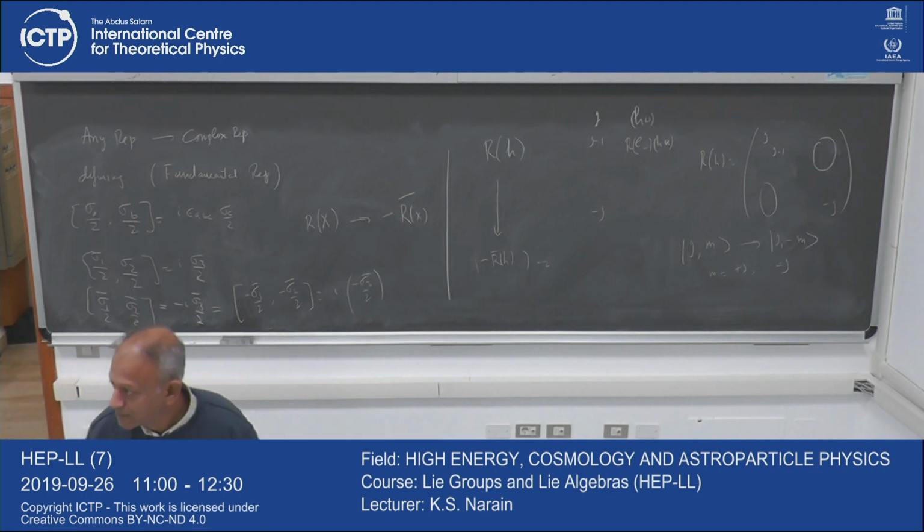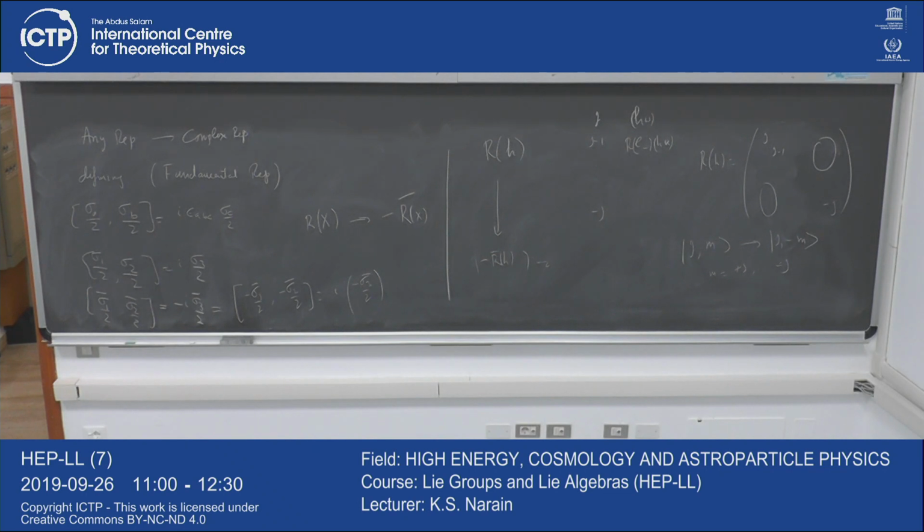I can choose a basis in which this representation is complex. You can choose any basis, but the statement that the representation is the same is invariant. It doesn't have to be real.